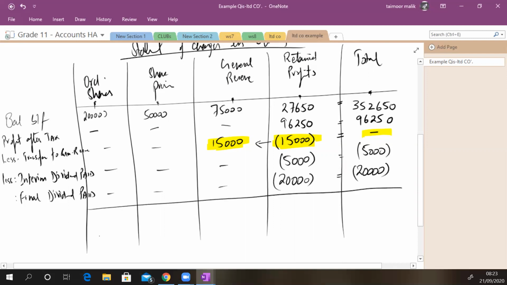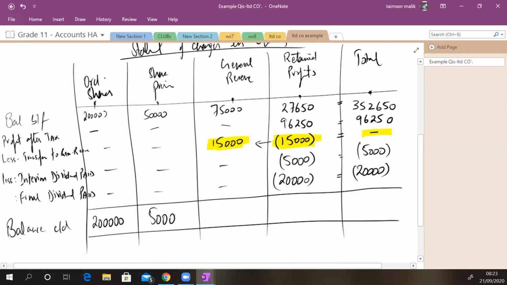All right. So the closing values, balance carried down. There's no change in this. This will be 200,000. There's no change in this. General reserve is going to be 75 plus 15, 90,000.